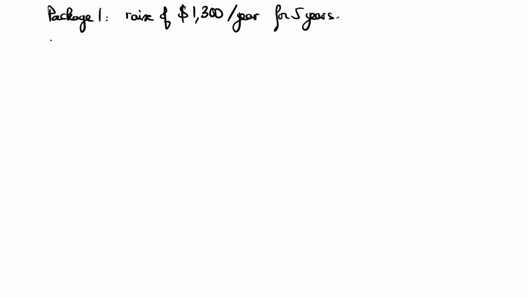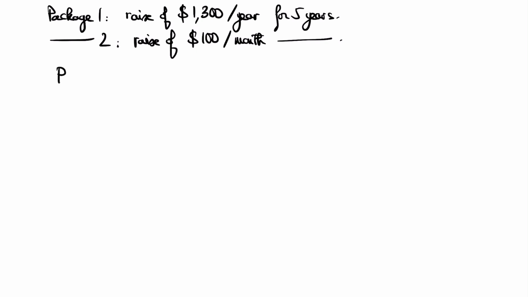And then package 2, you have a raise of $100 per month for 5 years. So, which one gives you the best salary? So say the starting salary is P.